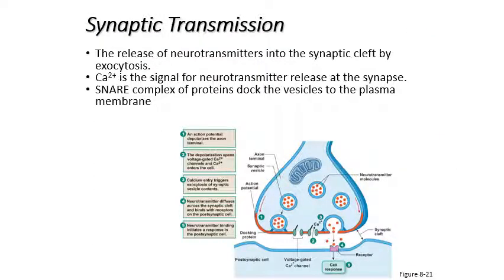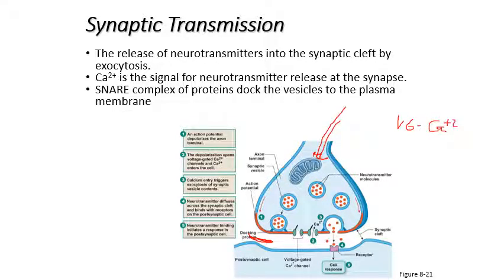So let's look at the steps that convert that action potential into the release of these neurotransmitters. The action potential is coming down the axon. We have a new player here, a voltage-gated calcium channel.